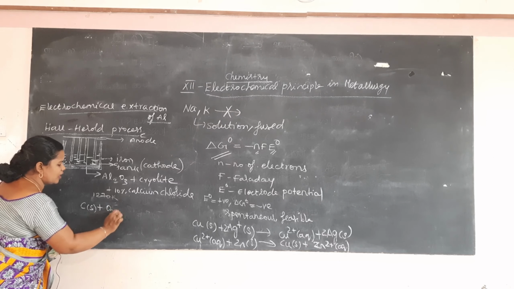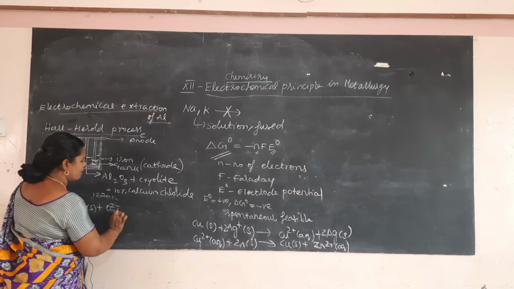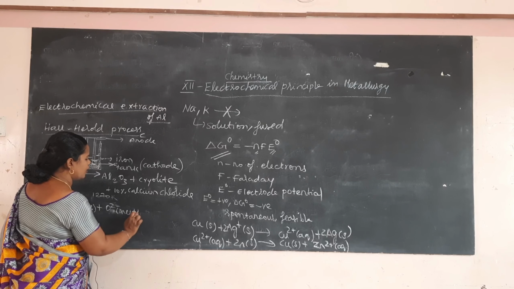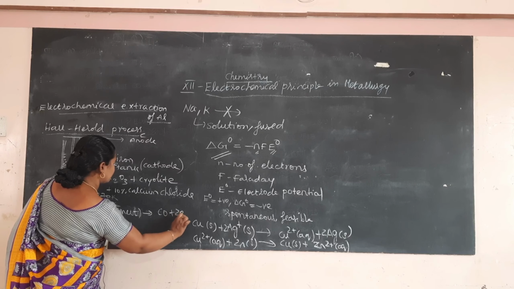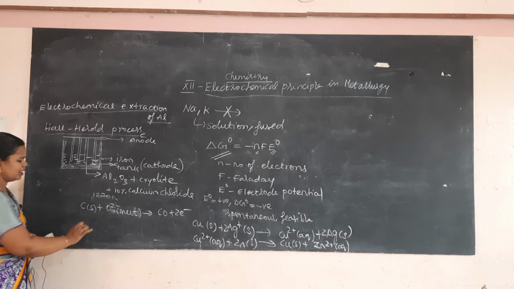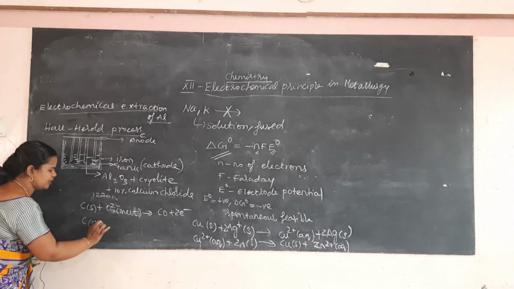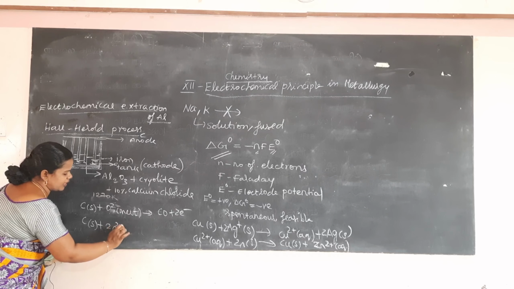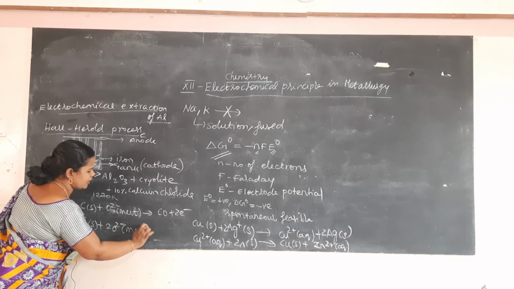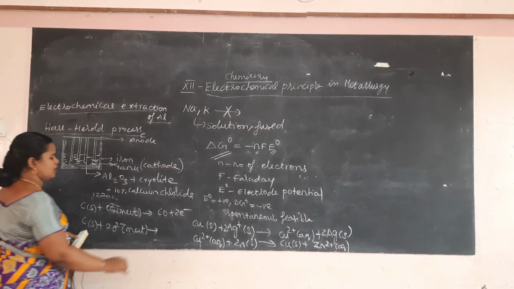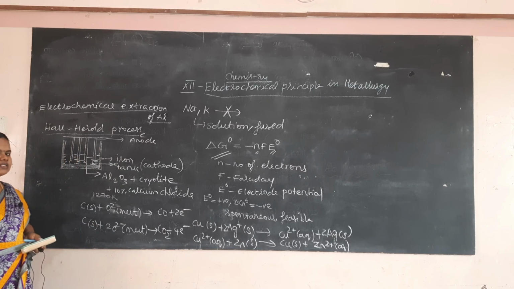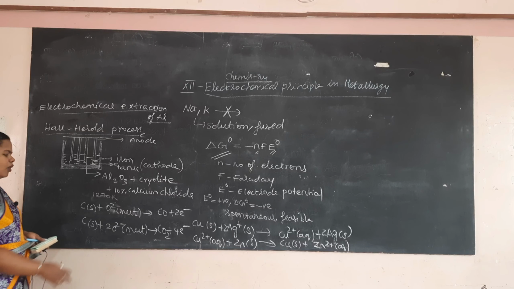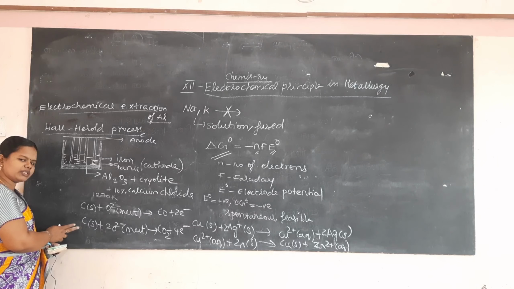Carbon solid plus O2- in molten condition forms CO plus 2 electrons. And similarly, carbon solid plus 2O2- in molten condition forms carbon dioxide plus 4 electrons. So what happens to the carbon during the reaction?